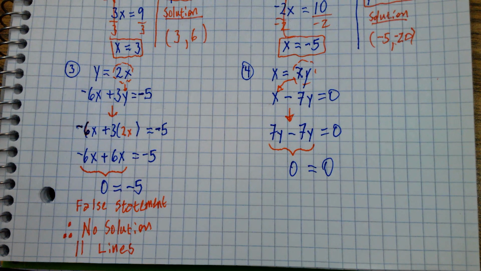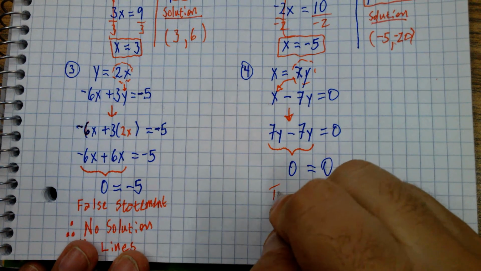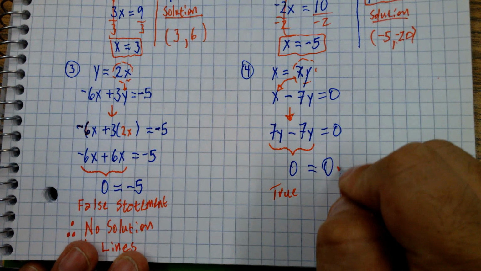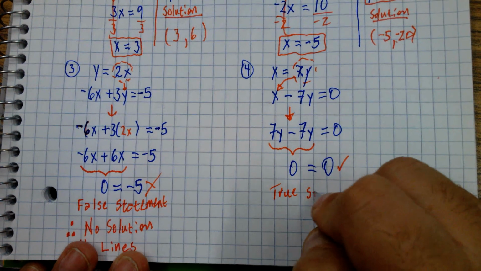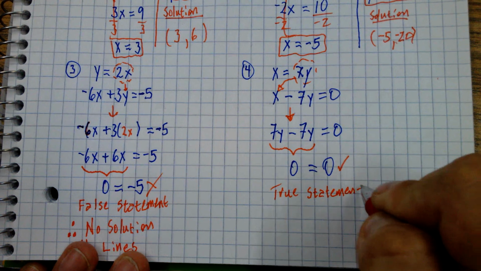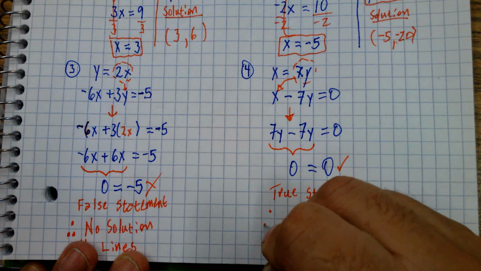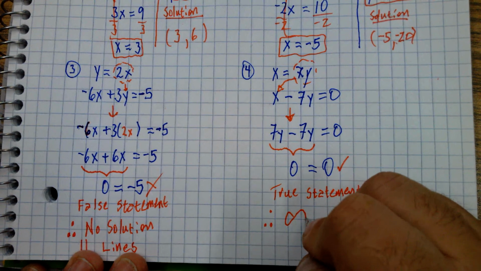Is 0 equals 0 a true or a false statement? This one's true. This is a true statement. This one was false. Therefore, we have infinite solutions.